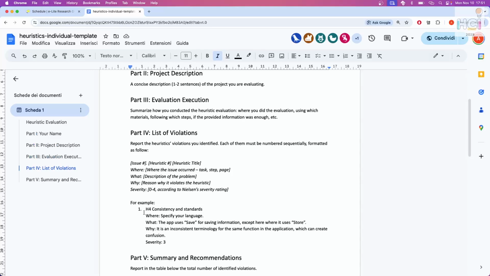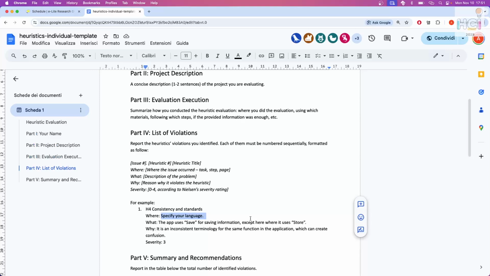And this is an example. So violation number 1, it's related to H4, consistency and standards, where there is the point of the interface where this is happening. So when you specify your language, the what, the app uses save for saving information, except here where it uses store.